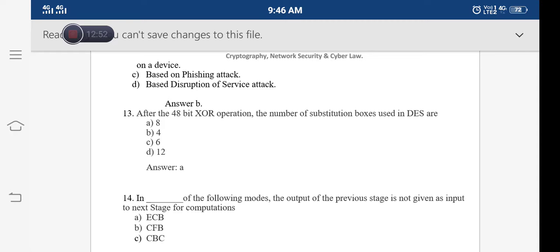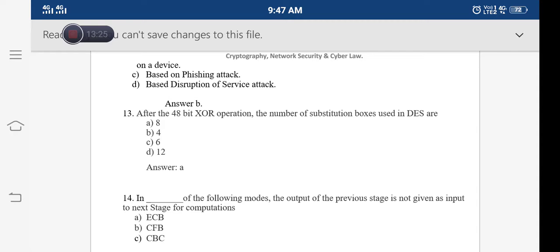To get a 32-bit output after the XOR operation, we need S boxes. Each S box takes a 6-bit input and produces a 4-bit output. If a single S box gives a 4-bit output and I need 32 bits in total, I need 8 into 4. I need 8 S boxes. So 8 into 4 gives us a 32-bit output in total.